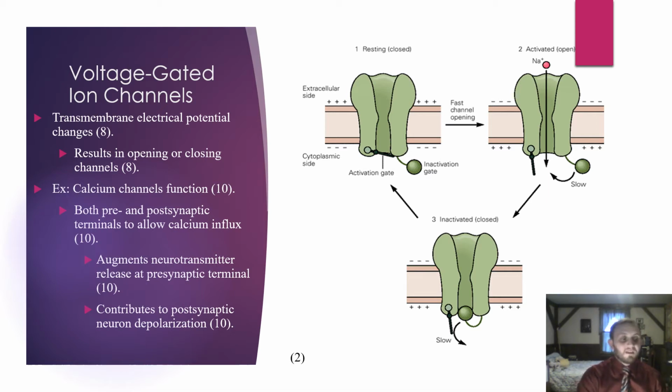So these voltage-gated calcium channels, here's a little fun fact about their function. They can function at both pre- and postsynaptic terminals to allow calcium influx that either augments neurotransmitter release at the presynaptic terminal or contributes to postsynaptic neuron depolarization.